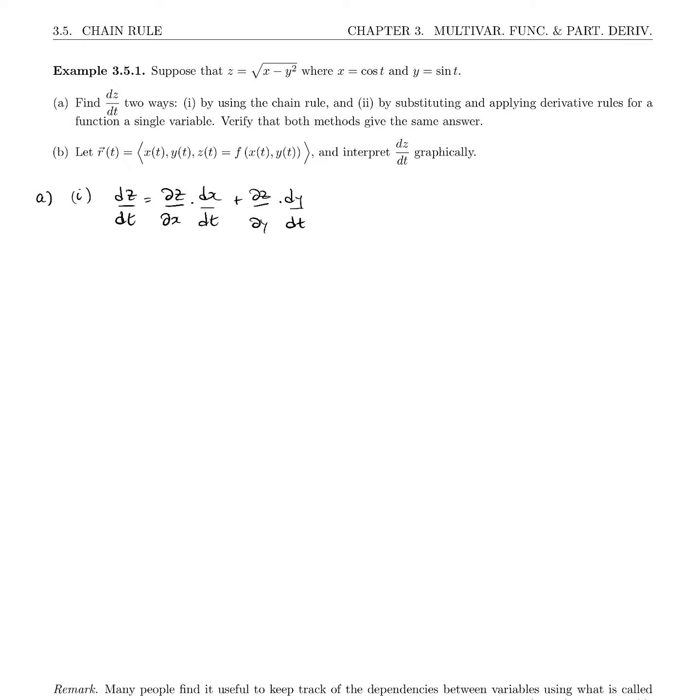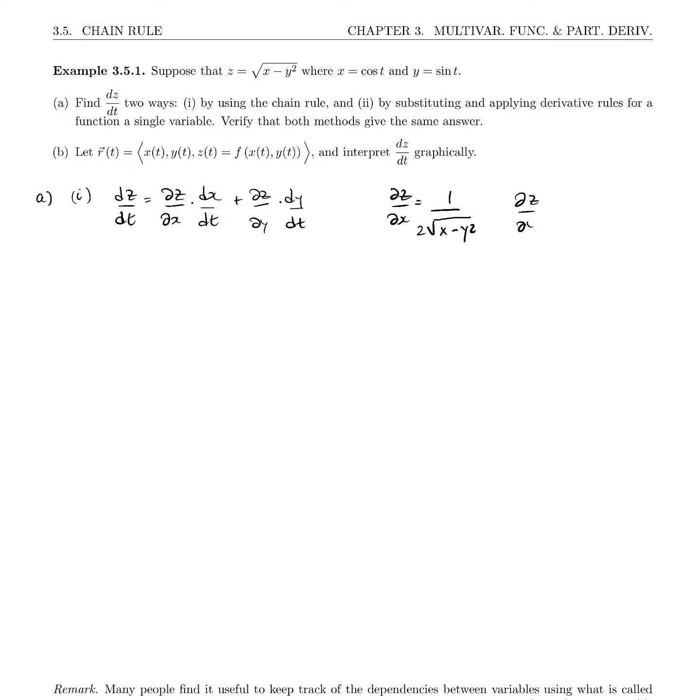Let's calculate each of those things off on the side here. Del z del x is the partial of this function with respect to x. So we take the partial derivative, 1 over 2 times the square root of x minus y squared times the derivative of the inside, which is just 1.